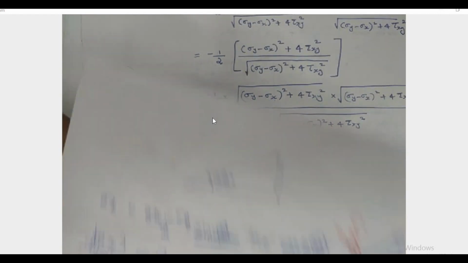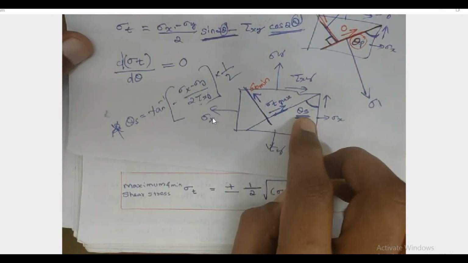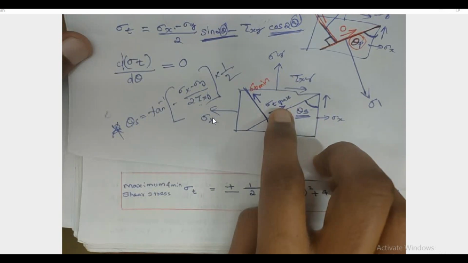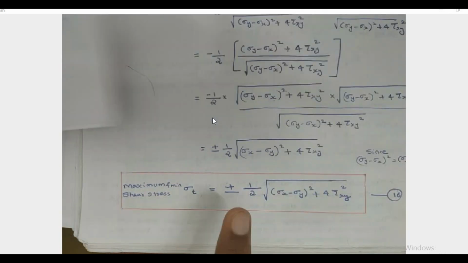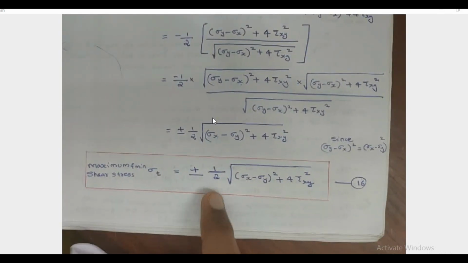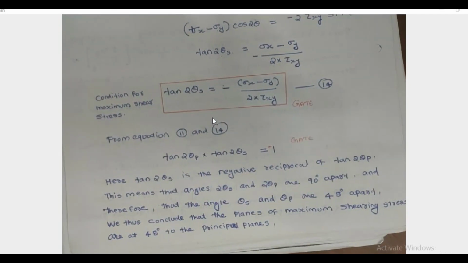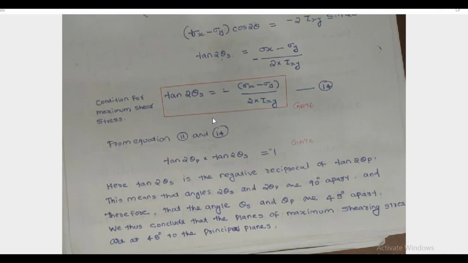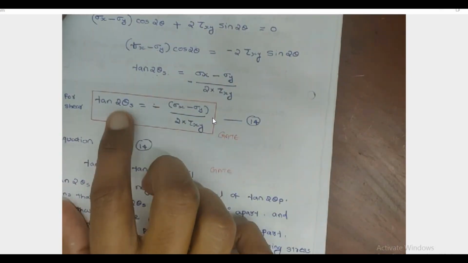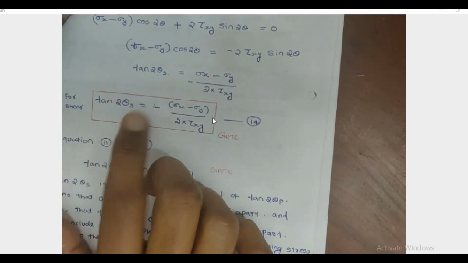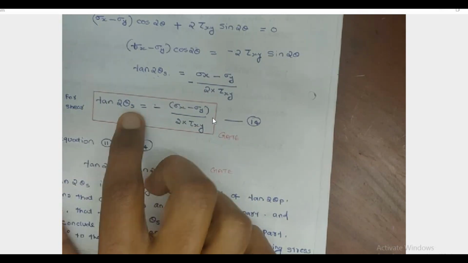So we got the plane containing maximum shear stress and the maximum shear stress value using these equations. This equation is used to calculate the maximum shear stress, and this equation is used to calculate the plane of maximum shear stress, compared with the plane of maximum principal stress.